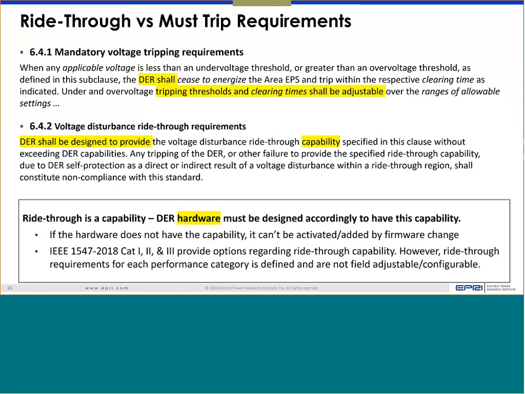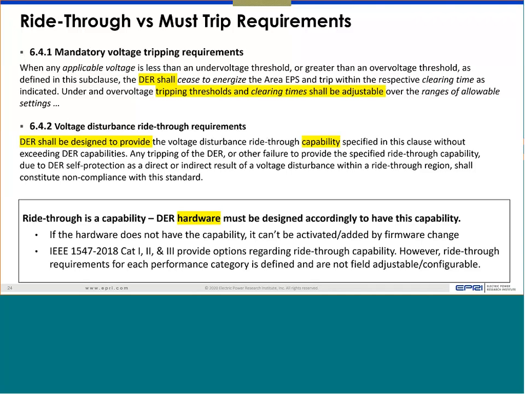One question we frequently hear: the mass disconnect is an adjustable parameter. You can move the threshold, as you mentioned, that we sometimes extend the trip settings to see how the inverter behaves during fault conditions. So trip settings are an adjustable parameter. However, ride-through is not a configurable or adjustable parameter. It's a design parameter. What does that mean? We are asking the inverter or DR to stay connected for a voltage as low as 45% for 20 cycles.